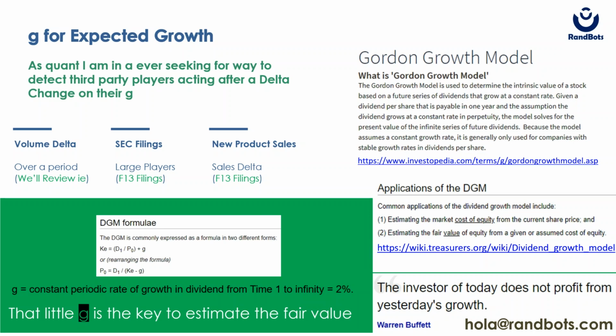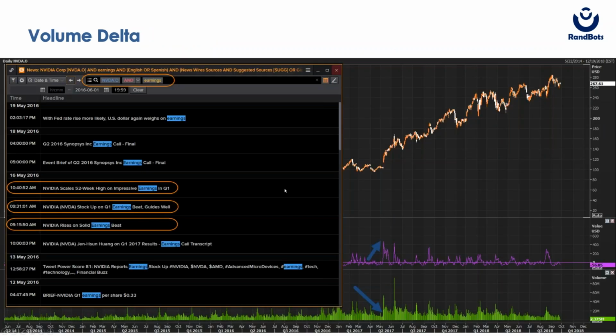That way, you can collect your profits, or the market will force you to take the loss. The investor of today cannot profit from yesterday's growth. You need to read what the market growth is going to be. That way, you can profit from your bets. Right? Here is an example.